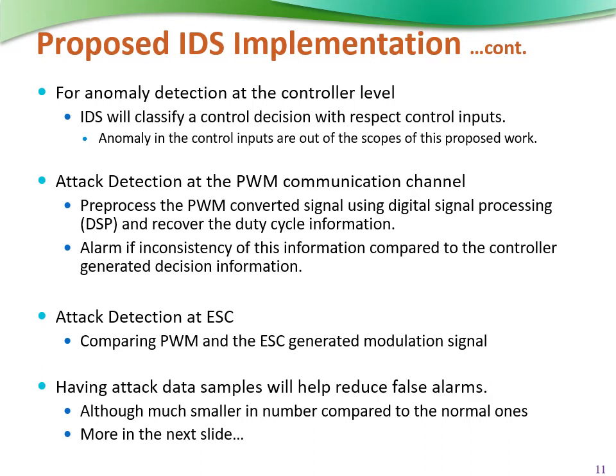At the ESC level, the attack detection will happen by comparing the PWM signals and the ESC generated modulation signals. Having attack data in our training, we will be able to reduce the false alarms, as we will see in the next slide. The good data could be enough to generate these intrusion detection systems.